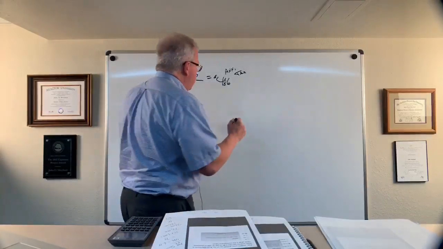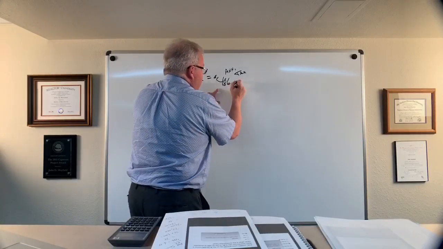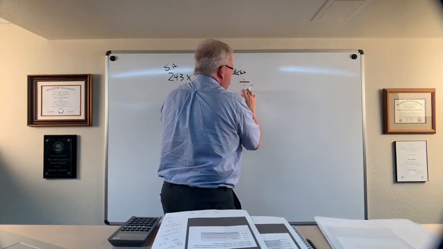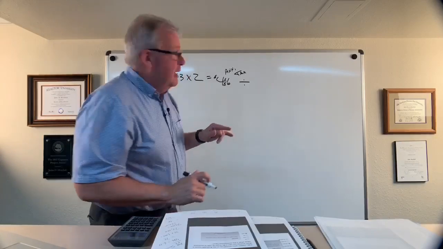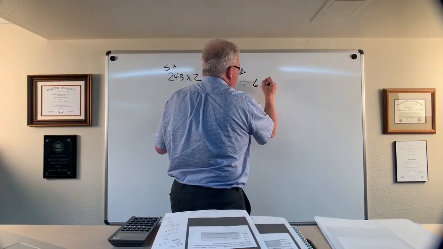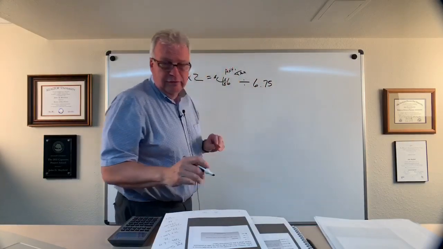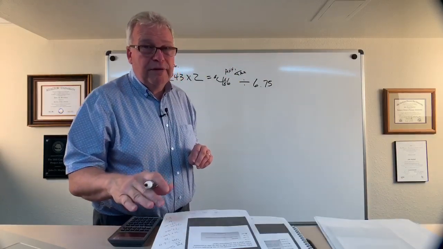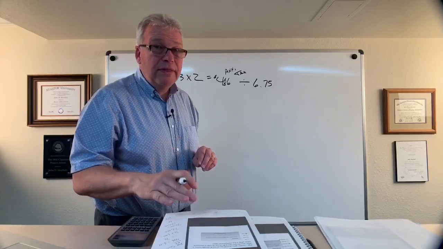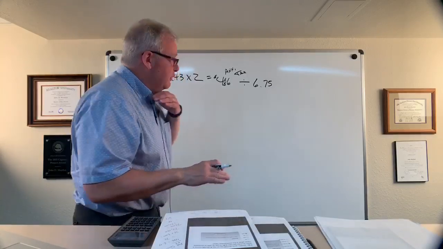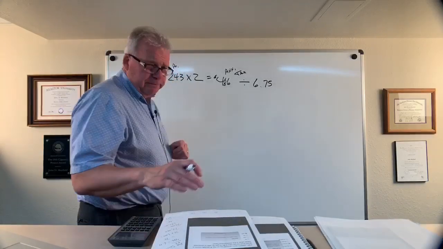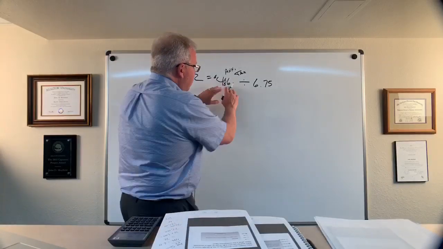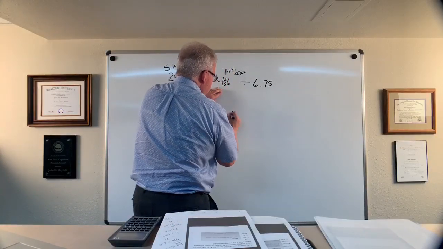Okay, so I'm going to take the 486 and divide it by $6.75 because it says the tax rate is $6.75 per 1,000 of assessed value. Excuse me. Now, notice this is just a T problem.